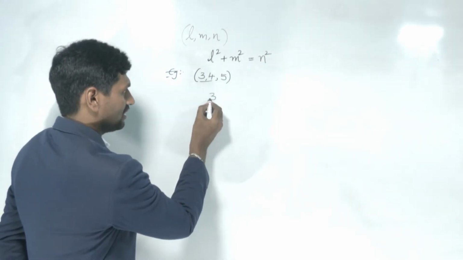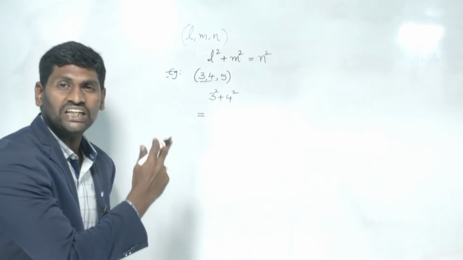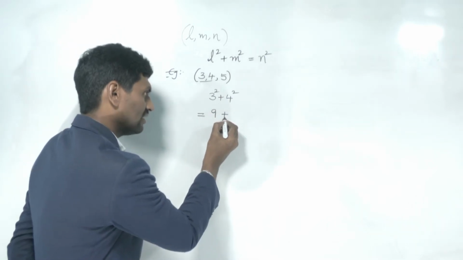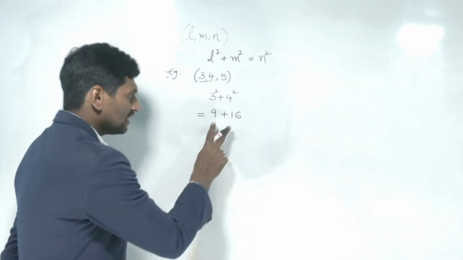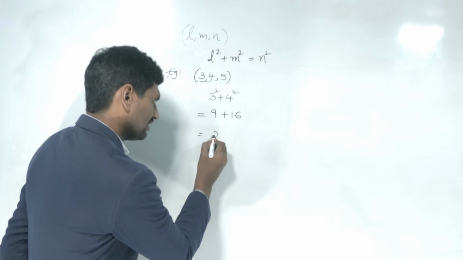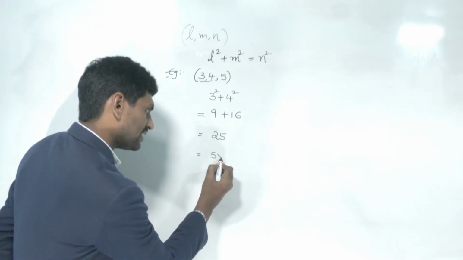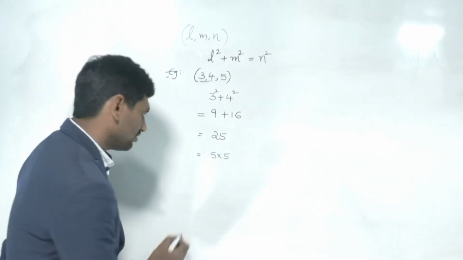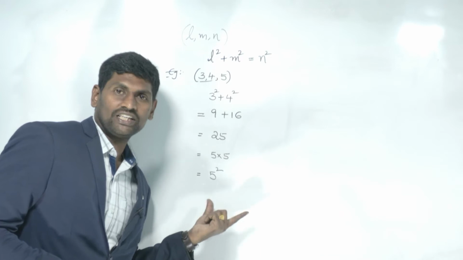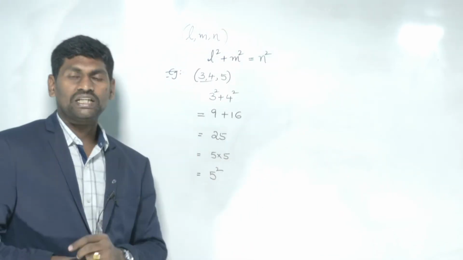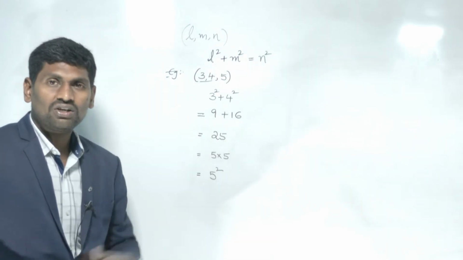So 3 square plus 4 square. 3 square means 3 into 3, 9. 4 square means 4 into 4, 16. 9 plus 16, 25. This 25 can be expressed as 5 into 5, nothing but 5 square. See, 3 square plus 4 square we got 5 square. Then 3, 4, 5 are Pythagorean triplets.